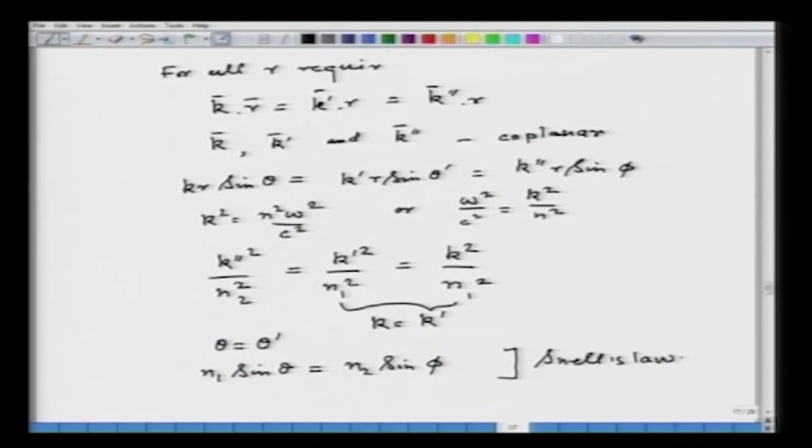So, what we have done in today's lecture, to summarize, we have realized the importance of the optical properties in optoelectronic devices.